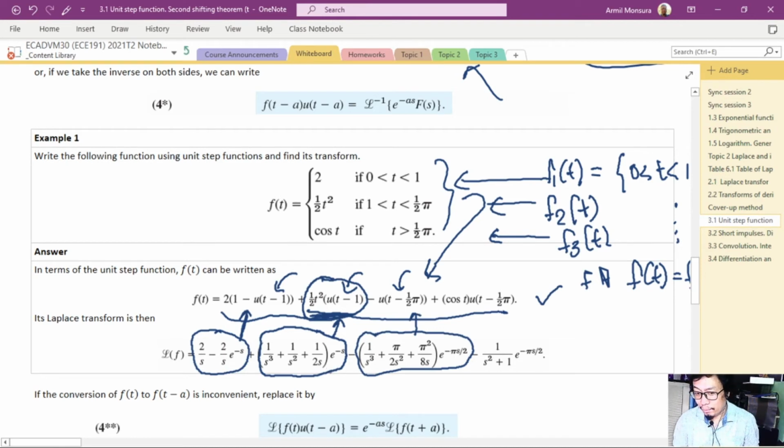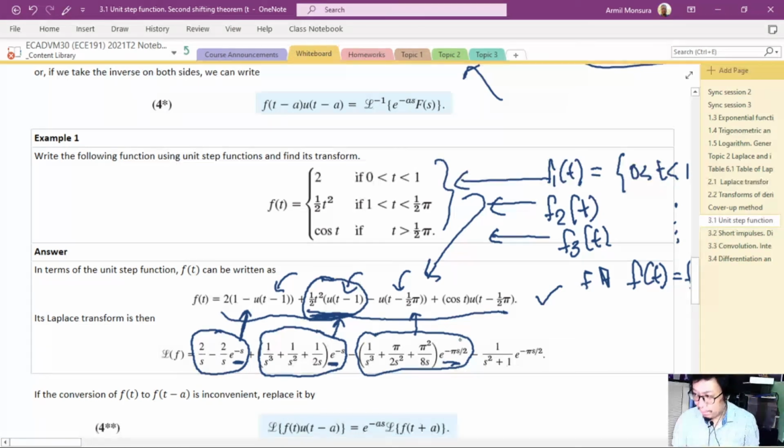Actually, you will be able to see that using this s domain exponential, because the exponent of that s domain exponential actually tells us how much delay or how much shift your step function has.